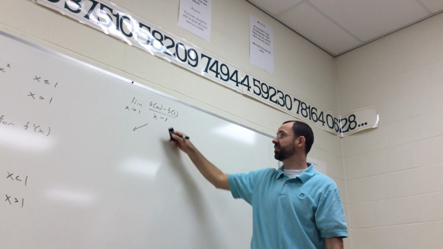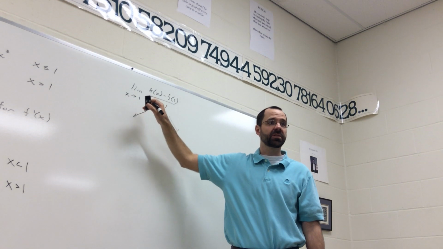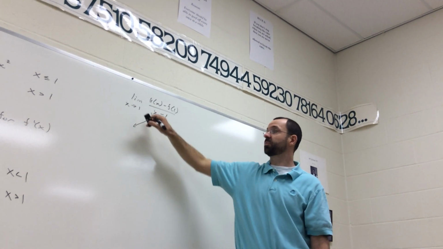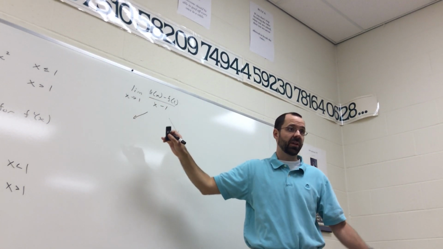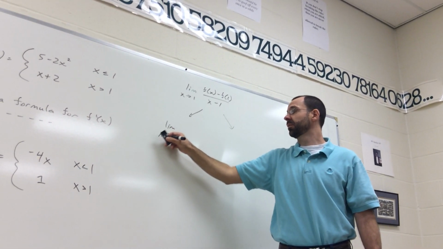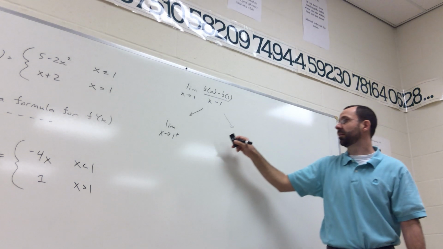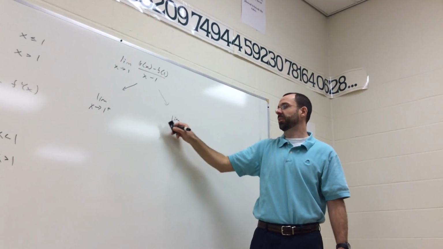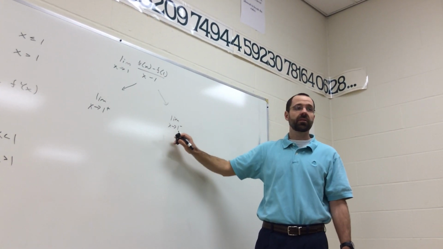And because f of x has two different formulas, we have to split this limit into two different limits. So we're going to take the limit from the right side, and we are also going to take the limit from the left side.